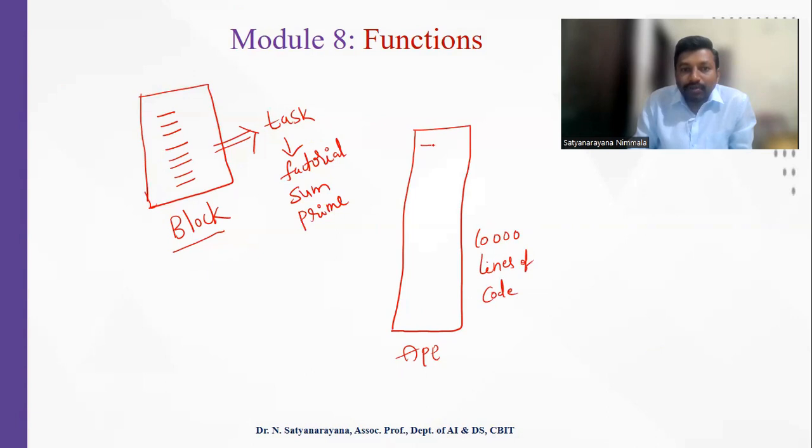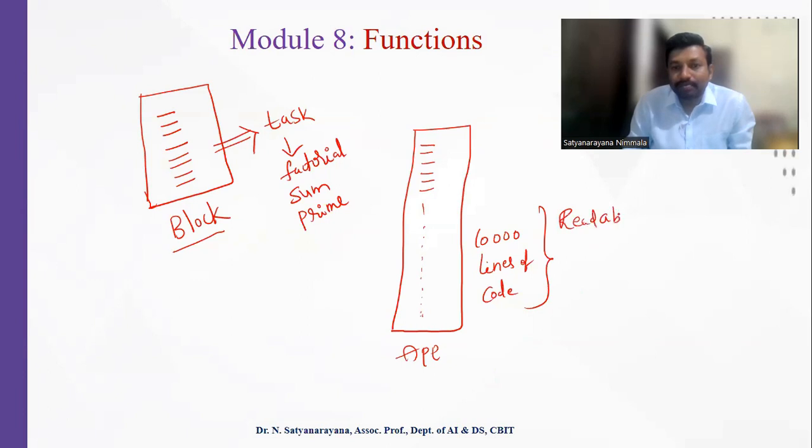If you include all these 10,000 lines of code in a single module or as part of a single function, then what are the difficulties that the programmer has to face when he compiles and runs this program? One thing is, because it is a program that has a larger number of lines of code, we lose the readability and the maintainability of this program becomes very tough.